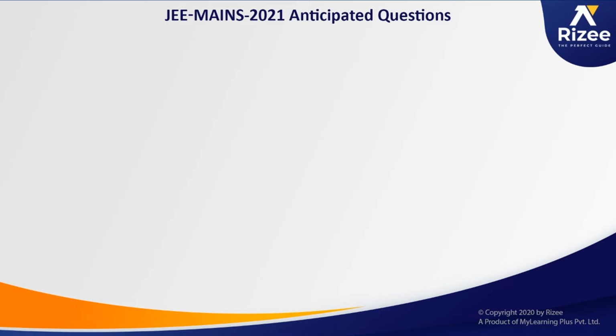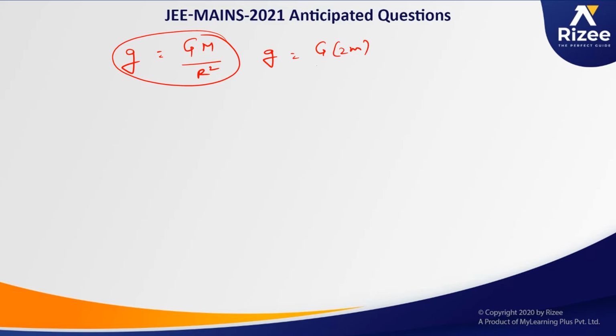Generally g is equal to G into m by r square. But in this case the mass turns out to be 2m and the radius turns out to be 2r, so g is equal to capital G into 2m by (2r) whole square, so it will be G into small m by 2r square.